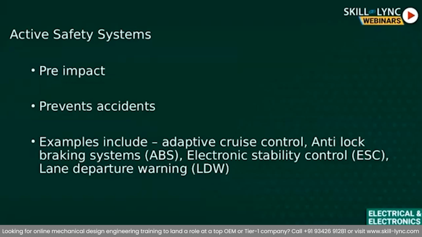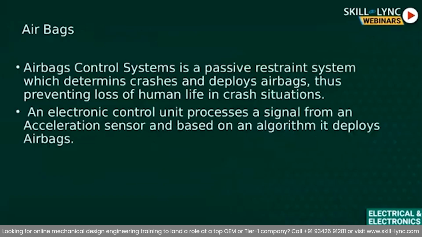That's where anti-lock braking system, electronic stability system, and traction control system come into picture. Now imagine active safety system fails and the car meets with an accident. After that point, passive safety system comes into picture and it ensures that in spite of the accident, the life of passengers is saved. So we're going to see these one by one.